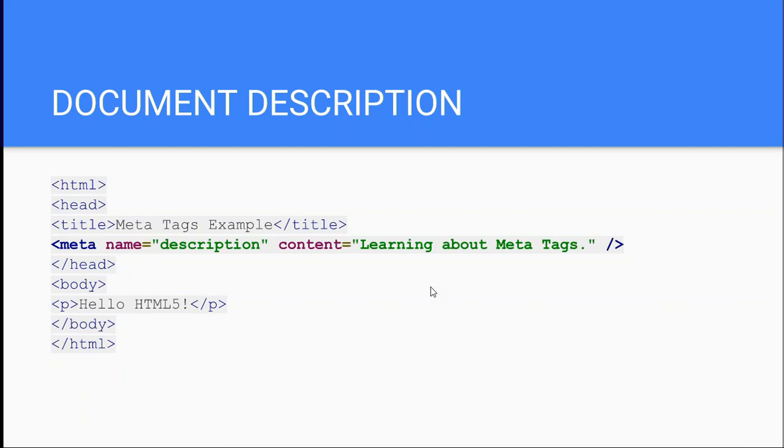It may not be essential to write the metadata for every program, but we write this metadata to help the search engines to find you. By reading this description and the content and all the information given in the meta tag, the search engine will come here and redirect the user to you.